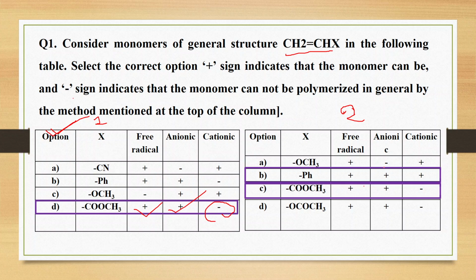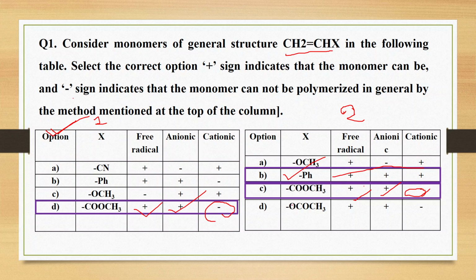It does not have a strong minus or plus R effect, but it has a sufficient amount to stabilize it for the polymerization reaction. So for Ph, all the reactions will occur. For COOCH3, as you already answered, free radical will occur, anionic will occur, but the cationic will not be stabilized.